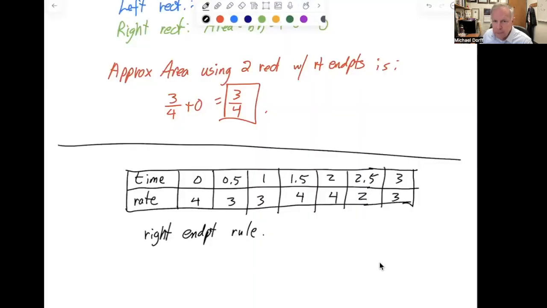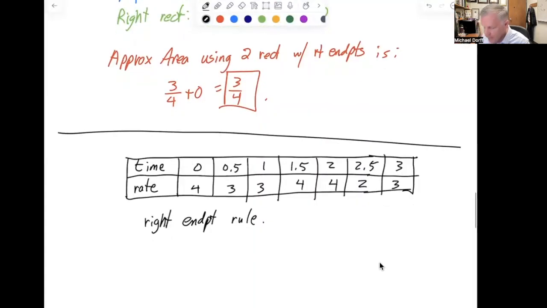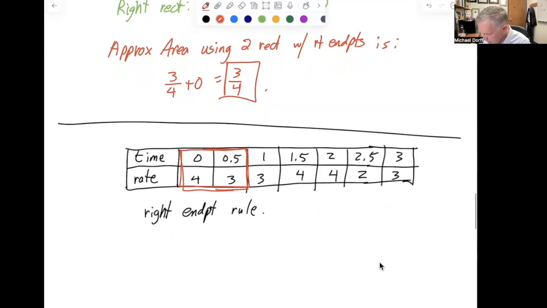All right, here's the reproduction of the table, and we've got the right endpoint rule. Each block there represents a rectangle. My base is represented by here, so my base is a half.